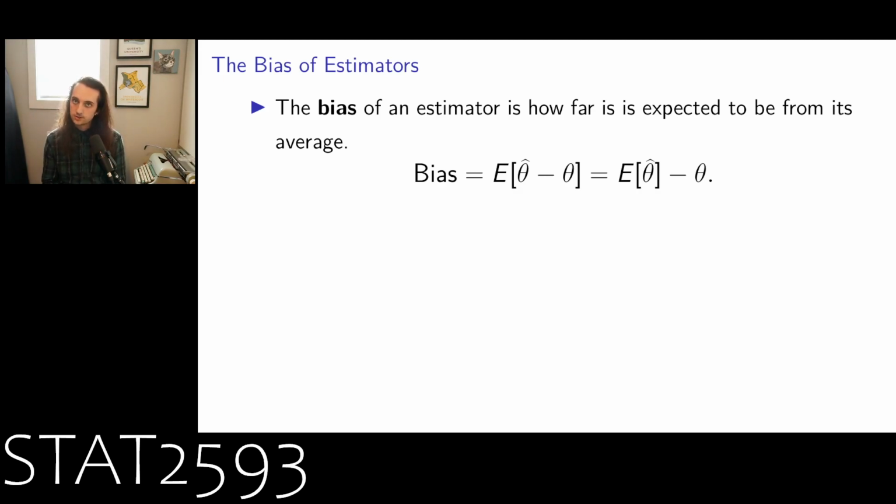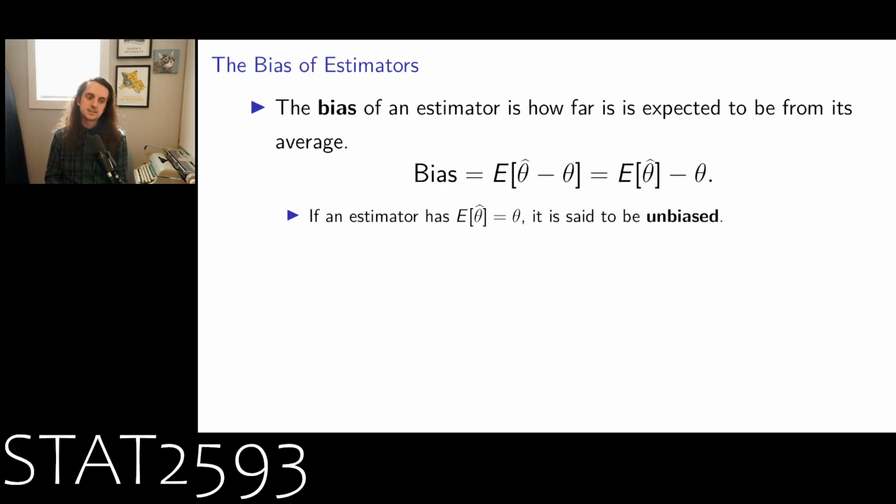But in general, we can't say that it's always going to be the case that the expected value of our estimator is equal to the true value, right? So if an estimator has the expected value of theta hat equals theta, we say that it's unbiased, right? So there is no bias in that term, or the bias is equal to 0.